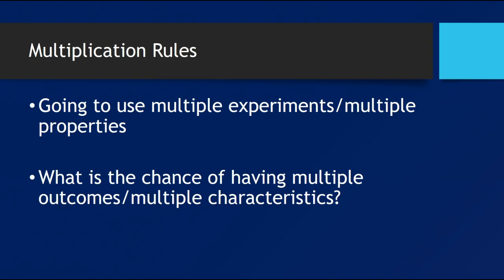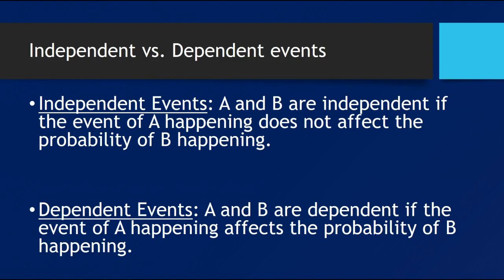Or in multiple experiments, like what is the chance that I flip a coin twice and I get heads on both flips? Now, to understand these rules, we need to understand the difference between independent and dependent events. Independent events are ones that don't affect each other.